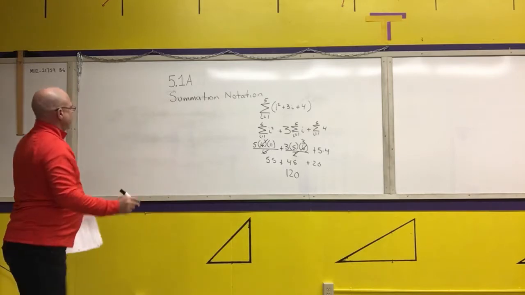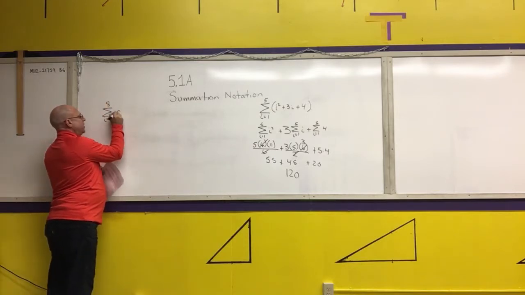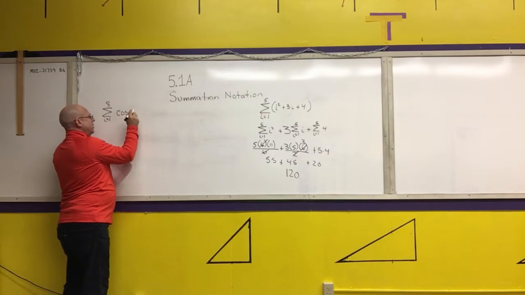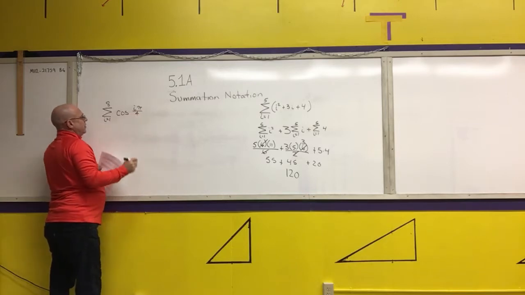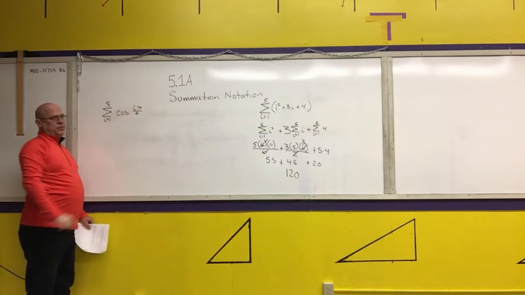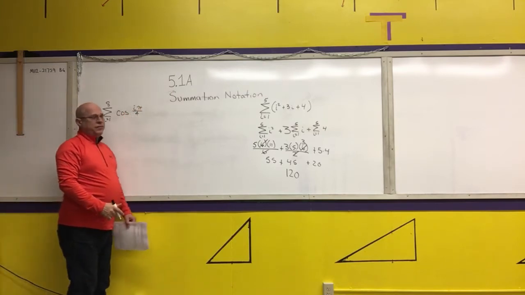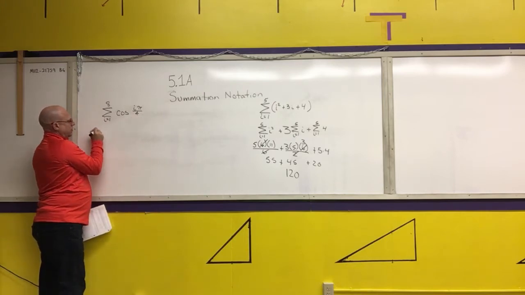So I want to know the sum of the first 8 terms of cosine of i pi fourths. So the first thing that I would do is I would write it out in open form.